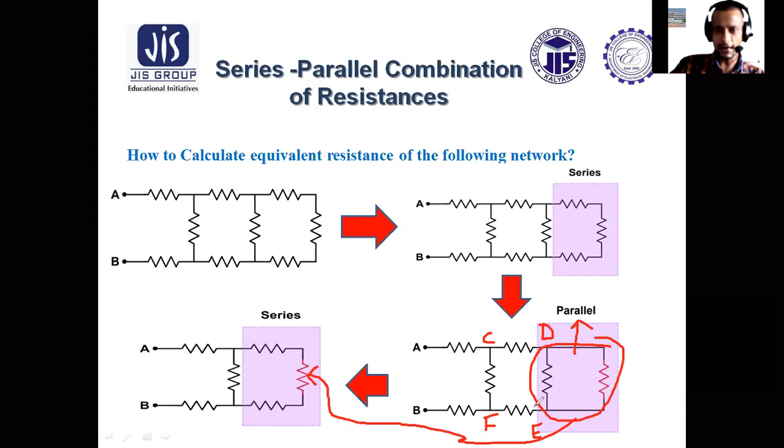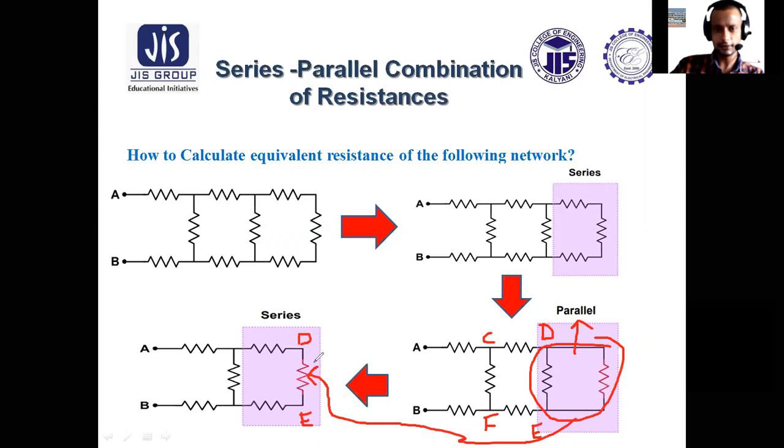Now, in between D and D, two resistors are connected in parallel. These two parallelly connected resistors are combined into a single one.